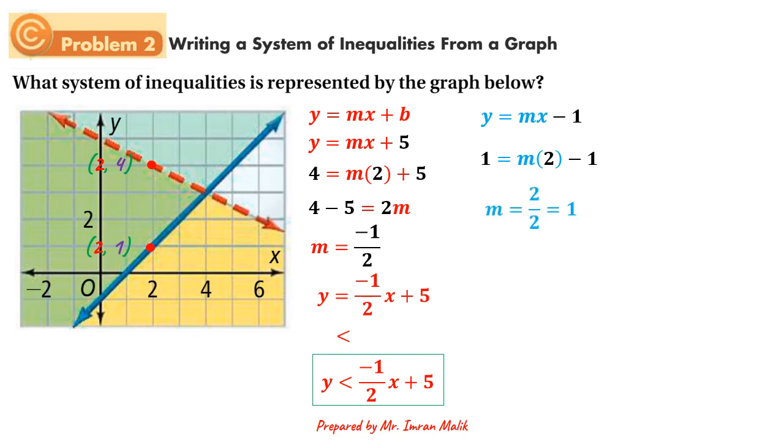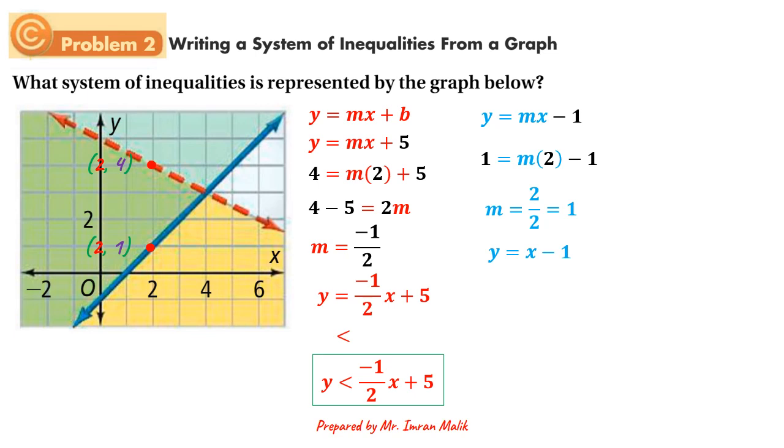Solving this for m, we get m is equal to 2 divided by 2, which implies m is 1. So our equation for the blue line is y is equal to x minus 1.